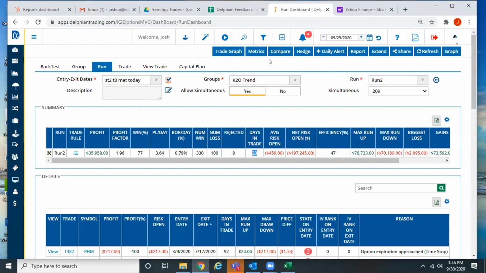You can filter out the winners and losers, and then populate just the ones that have done well, so that you get alerts on them, and you build up a whole group of good strategies that are automatically searching and populating for you. So this would be a good one to include in that list.